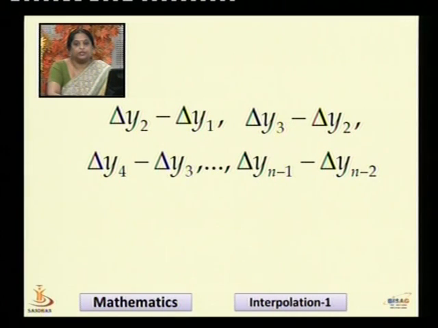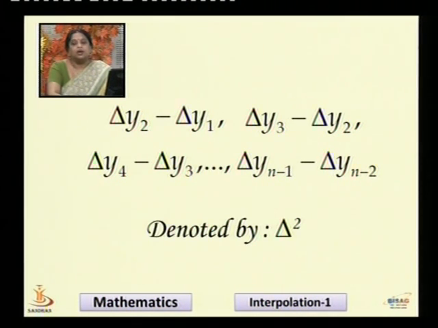As you can notice here, delta y1, delta y2, delta y3, delta y4, delta y n minus 1 and delta y n minus 2 are all first order forward differences. Thus, the difference of the first order forward differences shall give us the second order forward differences. And these second order forward differences are denoted by delta square.